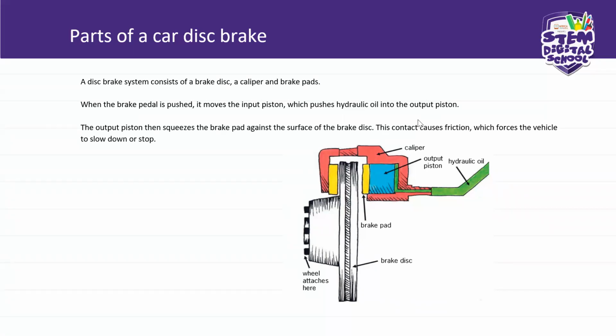I want to know how you think the output cylinder here would react. What would be the reaction of the output cylinder if there was a leak of the hydraulic oil in the system?